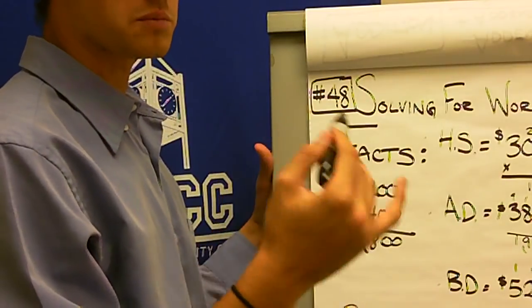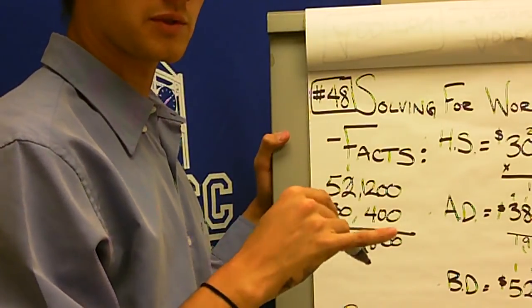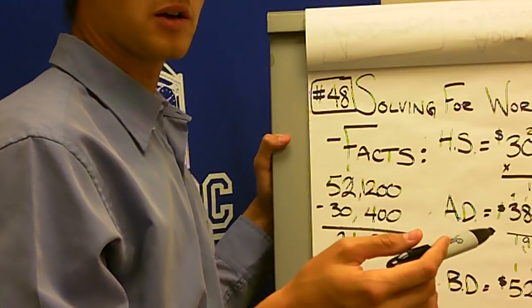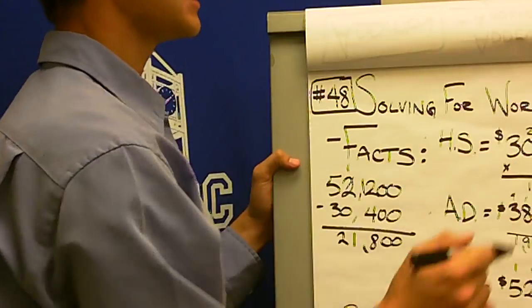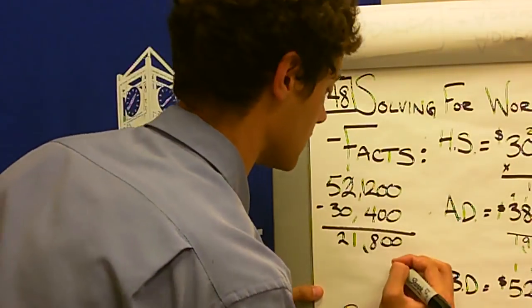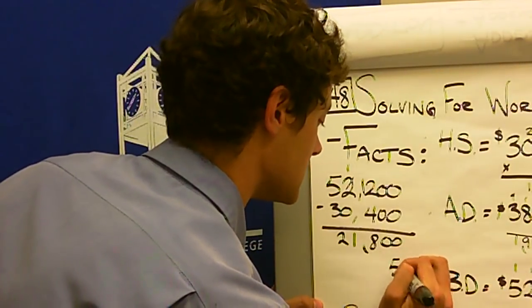That's how much more a bachelor degree graduate will make each year than a high school graduate. So we also have to factor in our 50-year working life, so I'm going to multiply that by 50.